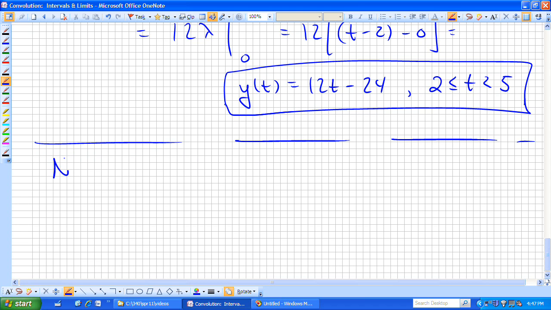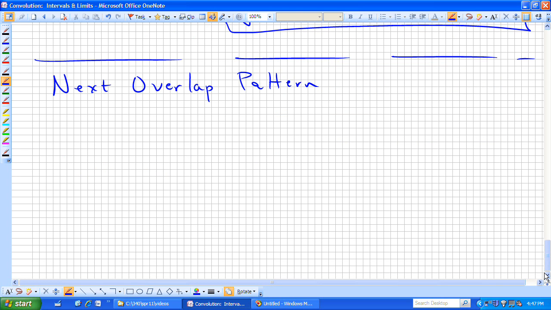I hope you're starting to get the idea of this notion of overlap patterns, those intervals that are defined by the overlap, and the limits on the integration, and the fact that those intervals and limits, upper and lower values, are not necessarily equal.